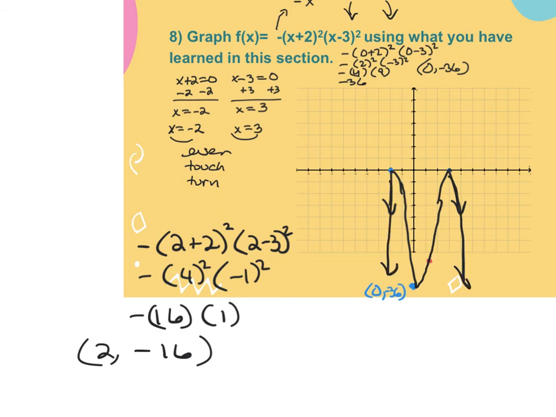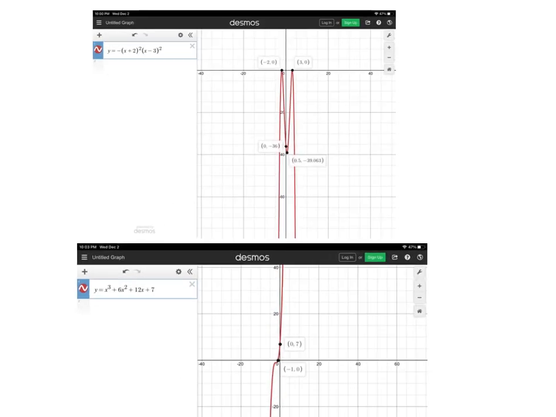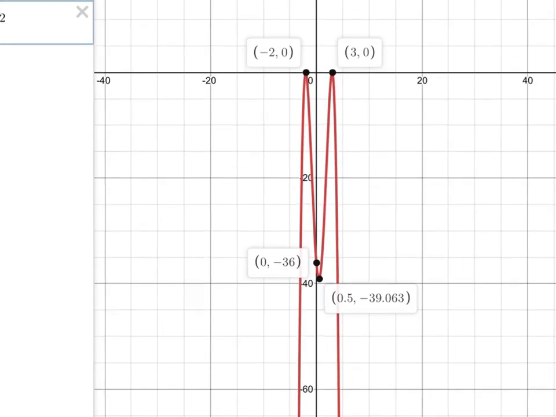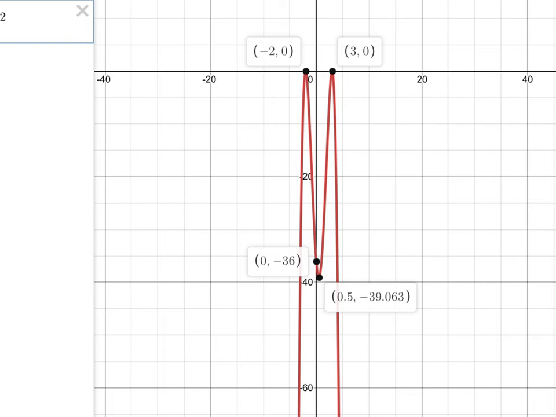Again, if you look at the Desmos, it's right here. And it sort of looks like that M that I just made. So again, we have our 2 x-intercepts. And notice they don't cross because it had a multiplicity that was even, touch and turn. And then I have my y-intercept down here.